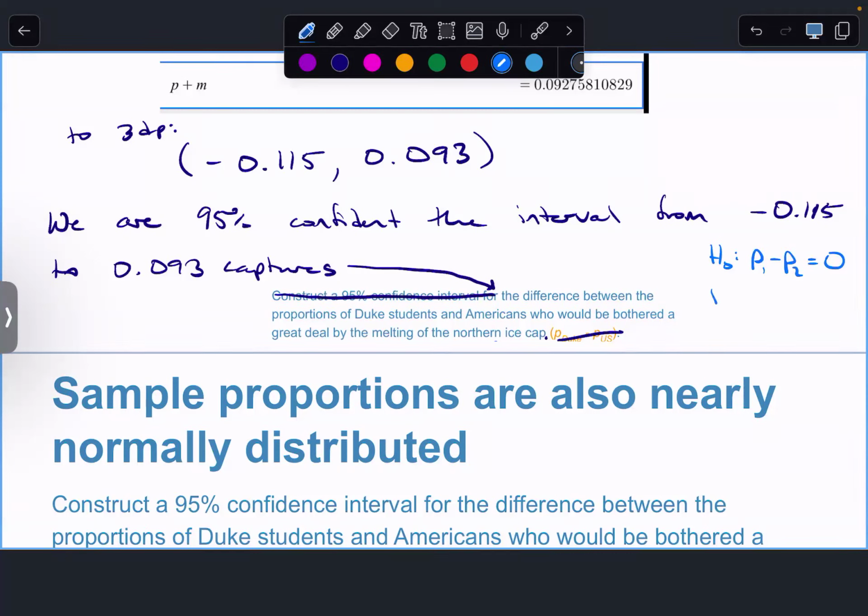So let's just think about this, because we can use a confidence interval to informally test the hypothesis. It's a nice way to have some sort of guide for when we do our actual hypothesis test of what's reasonable and what's not.